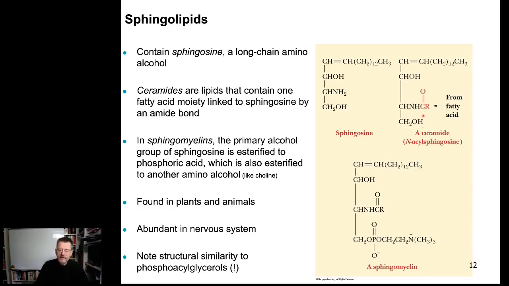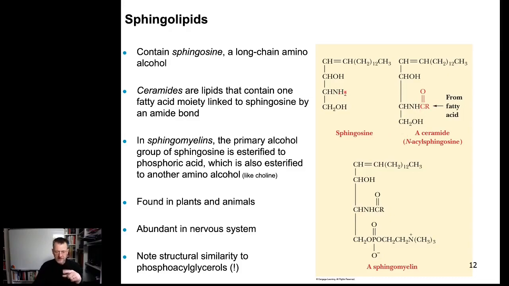In the amide version, or in the N-acetyl form, you actually have an amide group, but amide not being the NH2 minus anion, but the amide as the condensation product of an amino group and an acid, just like the amide bond in proteins. All right, so when we're talking about the ceramides, this is basically just the sphingosine being acetylated at the amino function.